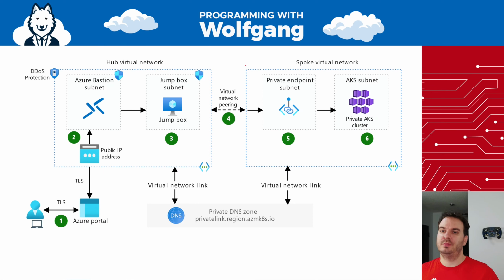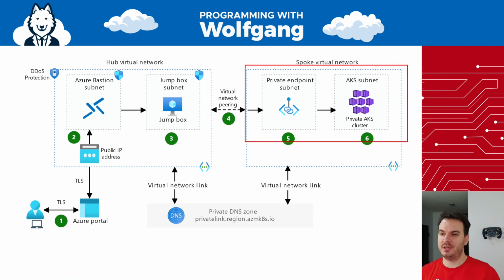To recap, we created first a private AKS cluster with a private endpoint. This means that our API is not available from outside this Vnet. This also automatically created a private DNS zone and registered the Vnet of the AKS cluster with this private DNS zone.